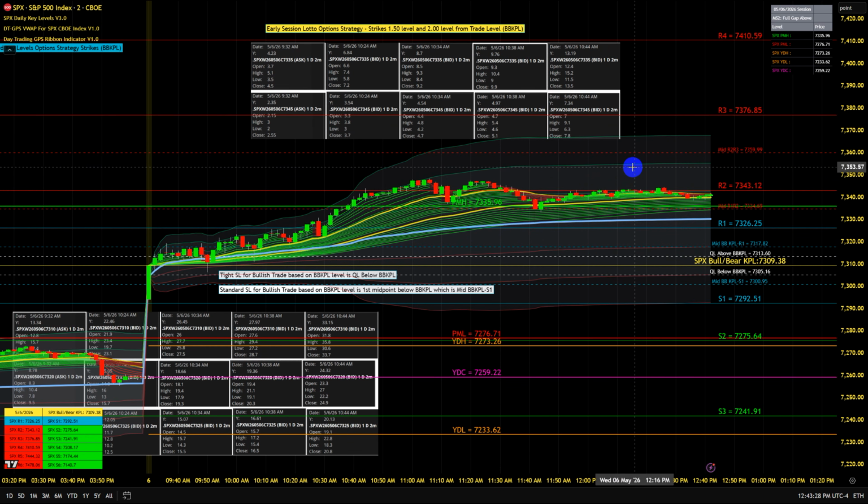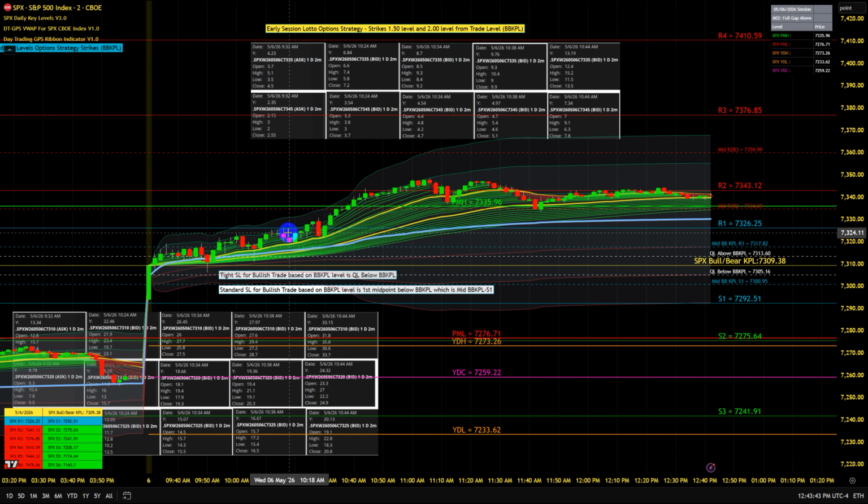However, there's more risk with it happening later in the session because these early session lotto option plays are based on the mid R1 and R2 level, in this case from a bullish trend off the BBKPL. So they're going to be 1.5 to 2 levels away.